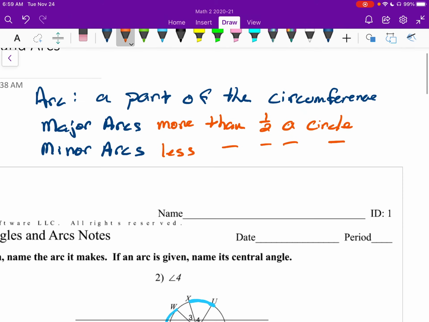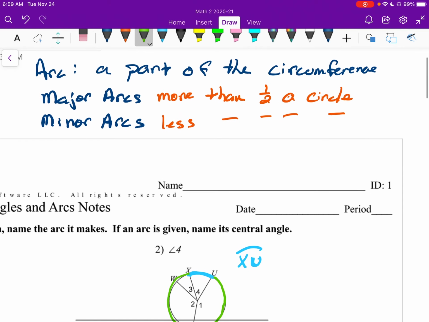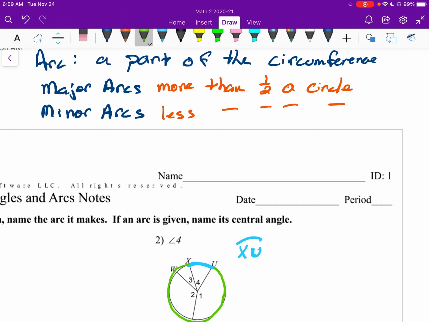So if we've got this circle here, and we have a minor arc XU, then minor arc XU also has a major arc going across the rest of it. A lot of the times you talk about your major and your minor arcs as a pair, because together they can make the whole circumference.